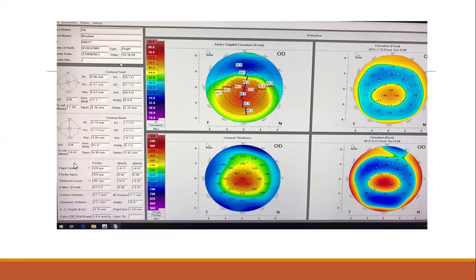When you get this kind of Pentacam, you should be absolutely clear that this is keratoconus. You don't say it can be. If you say it can be, I'll ask you what else. If it is not keratoconus, what do you think it is? So this is as clear as day and night. You can say this Pentacam, based on those findings you just told me, shows K values well above the normal limits.